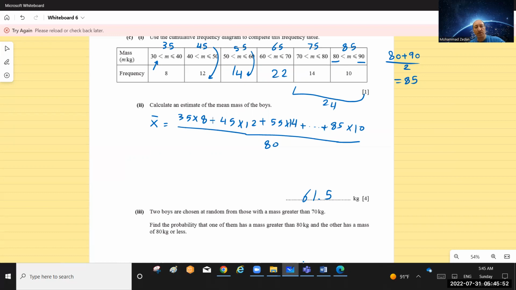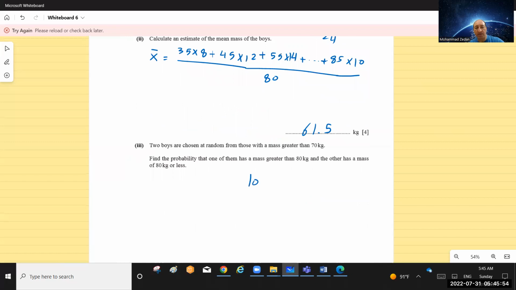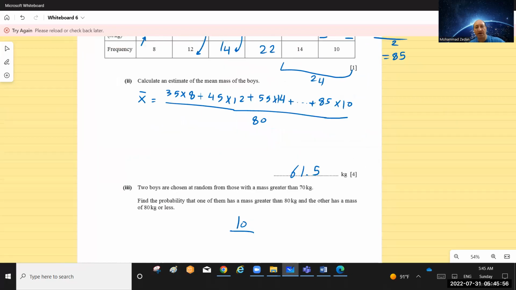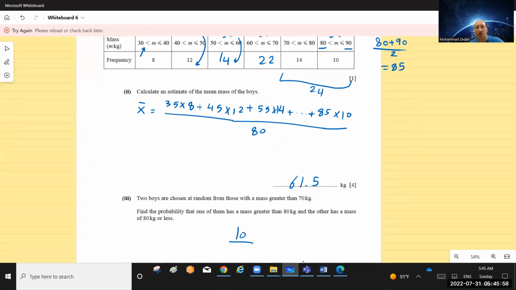So the first one, the number more than 80, is 10. I want you to see the number, okay? 10 over 24, multiplied by the other one, less than 80, which will be one of these 14, so 14 over, of course, 23, because I selected one already. So the second selection will be from 23 students.